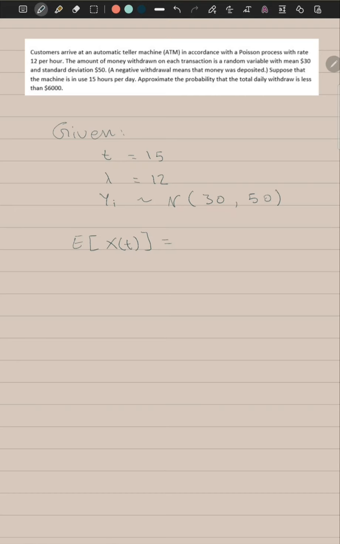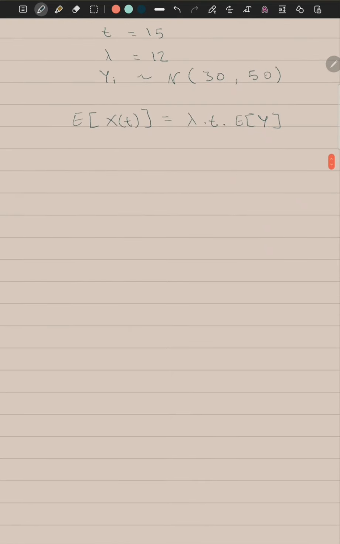So the expected value is lambda times t times the expected value of Y. Let's solve this. We have lambda as 12 times t is 15 times the expected value of Y is 30. The total of this should be 5,400.